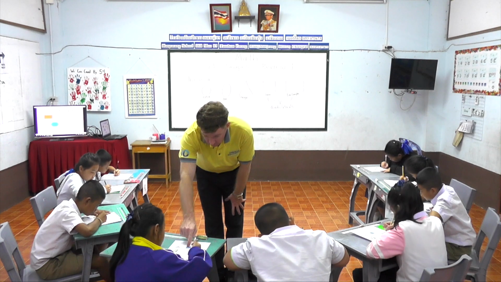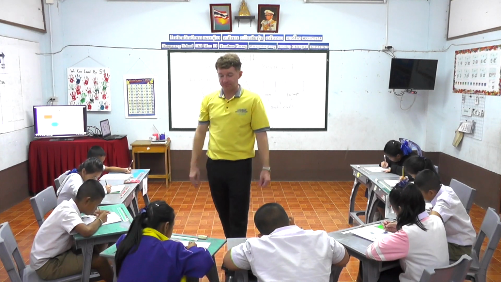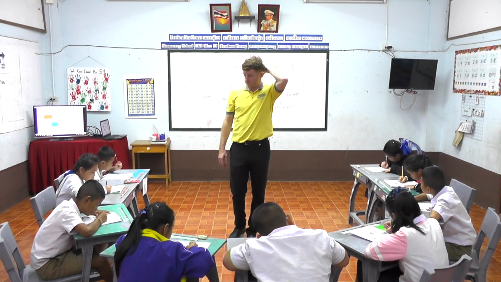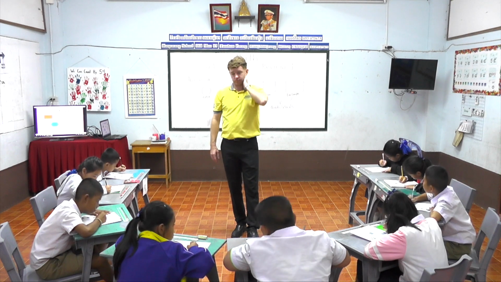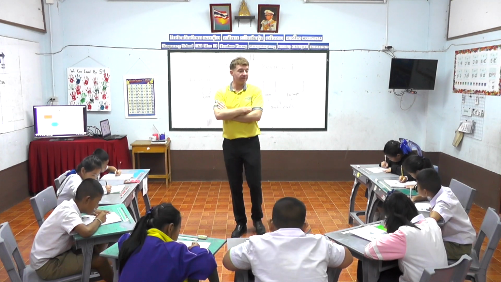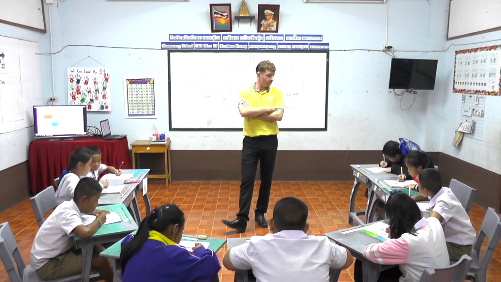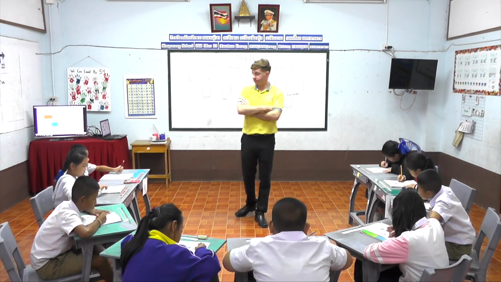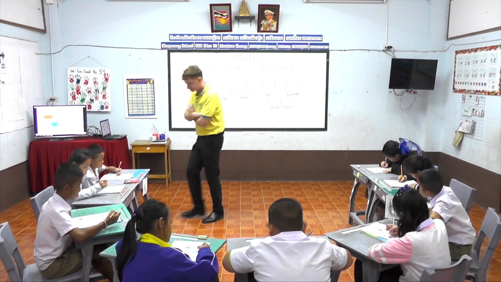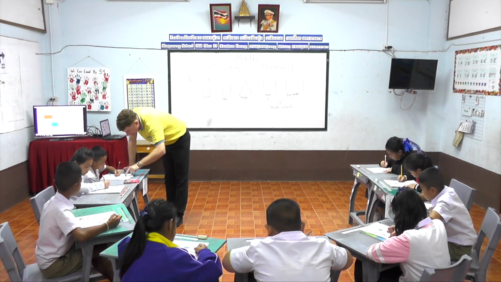Excellent, Pakbong. Square. This is a square. Squares and rectangles are quadrilaterals. They have 4 sides. And then square.